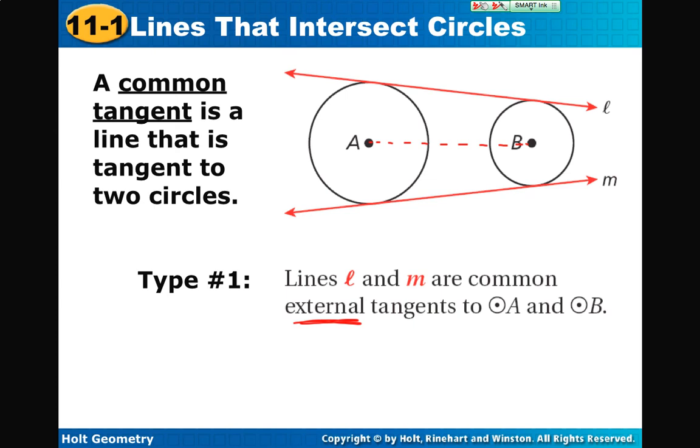Write some notes about that. A common external tangent line does not cross the segment connecting the centers of the circles.